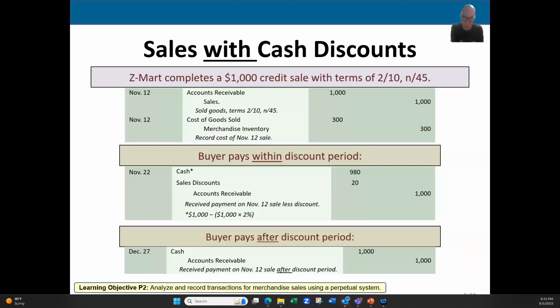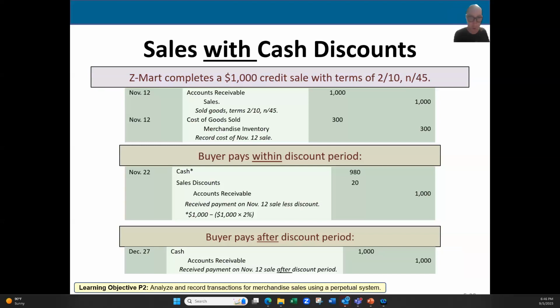So, November 22nd, 10 days later, customer says, great, we'll take advantage of that discount you offered us. Awesome, sounds good. We debit cash $980. Why? Because we gave our customer a 2% discount on a $1,000 bill. 2% of $1,000 is $20. So the sales discount is $20.